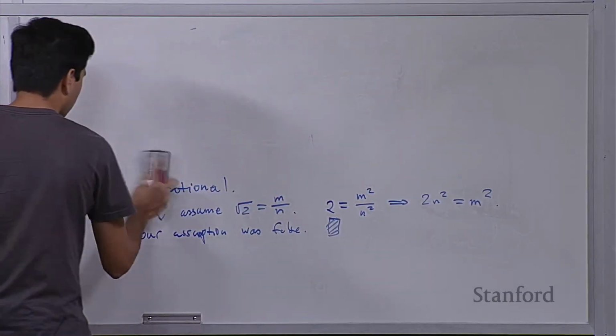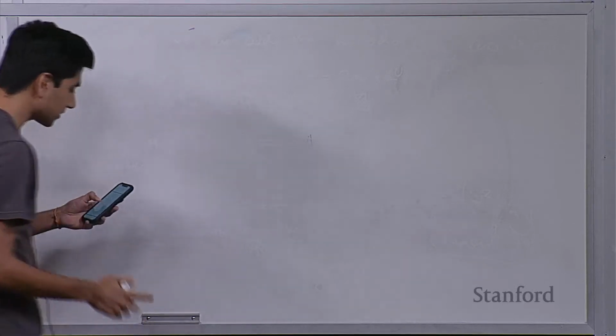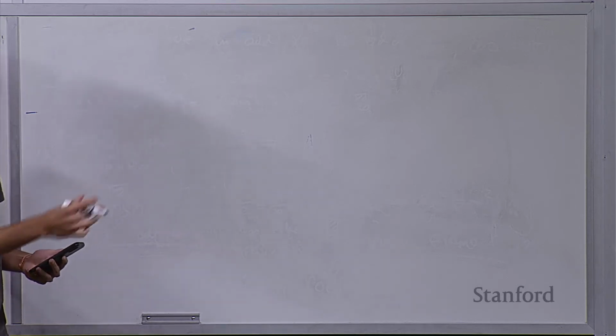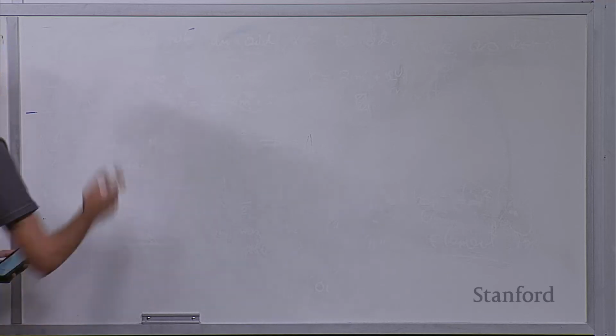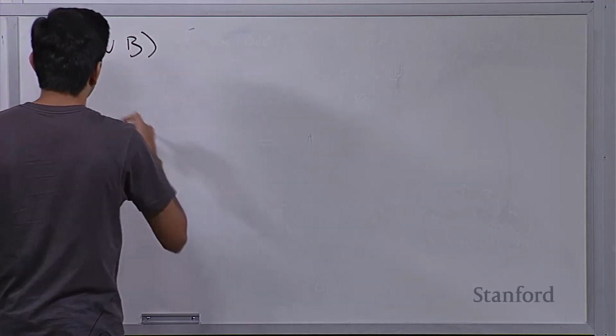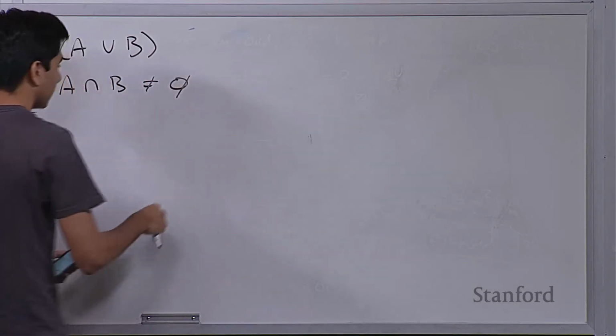Using the notions of probability and the basics that we defined earlier, we can actually do a couple of interesting things. The first thing that we're going to like to do is compute the probability of the union of two subsets of our entire event space where the subsets are not disjoint. That basically means computing P of A union B, where A intersection B is not equal to the empty set. Right?